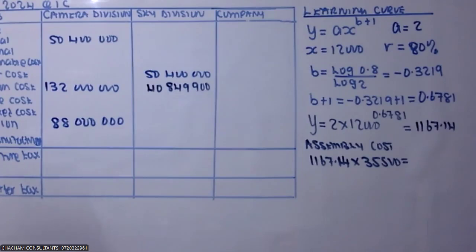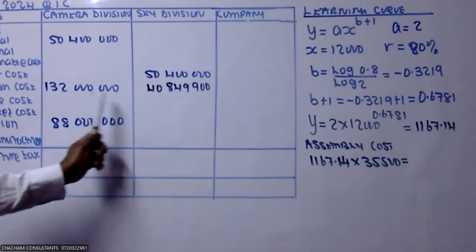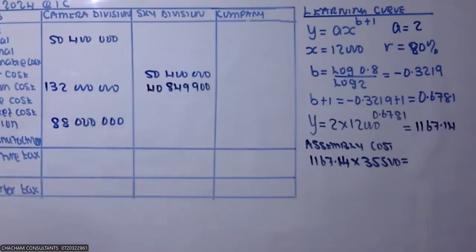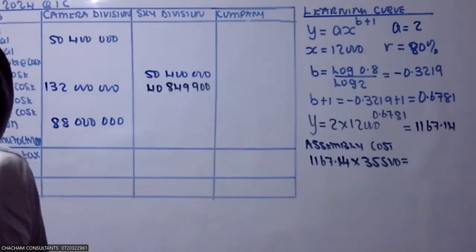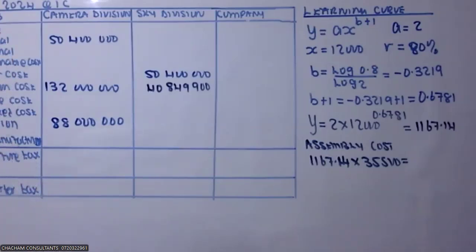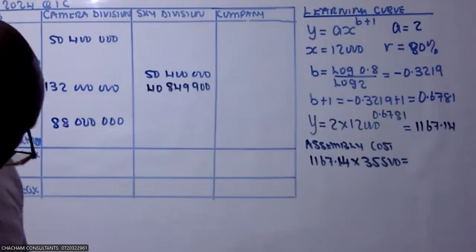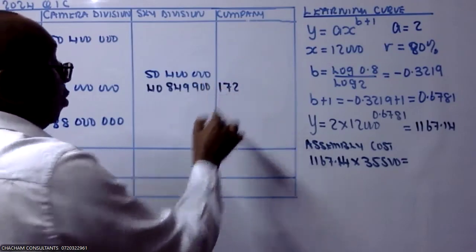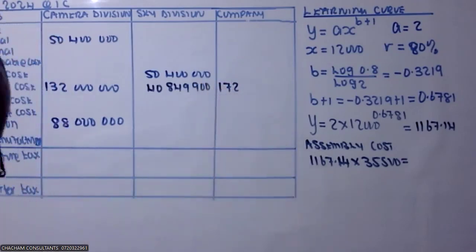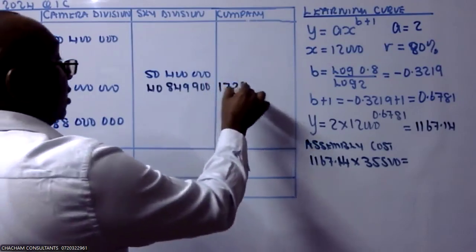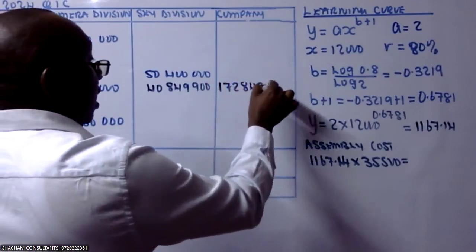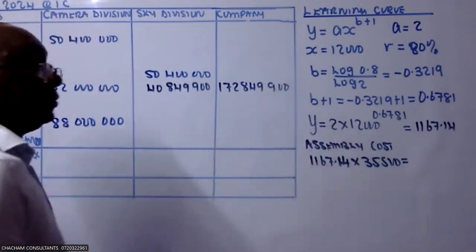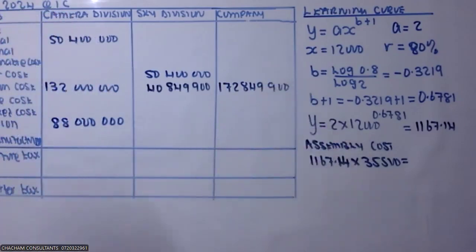That's the production cost. And that one now should be added to this one of the camera. So you add back the 132 and we get 172,849,900 when you add those two.